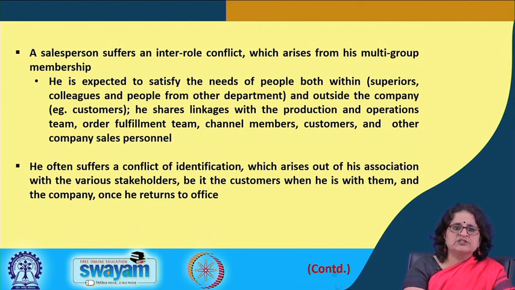So he shares linkages with the production operations team, order fulfillment team, channel partners, customers and other company salespeople. And so the interests of all of these various stakeholders may not be congruent to each other. But here the salesperson's job is to please everybody and keep everybody happy.